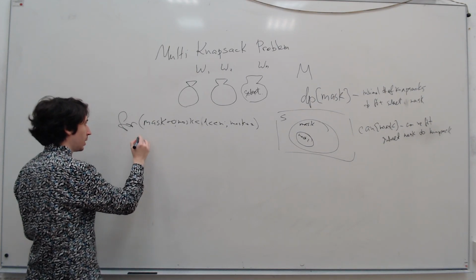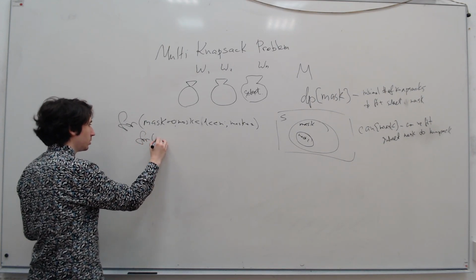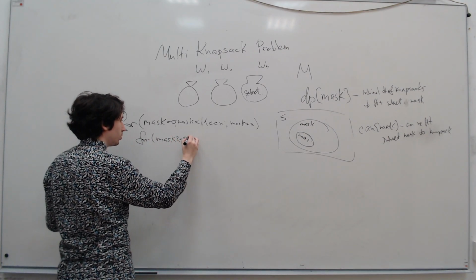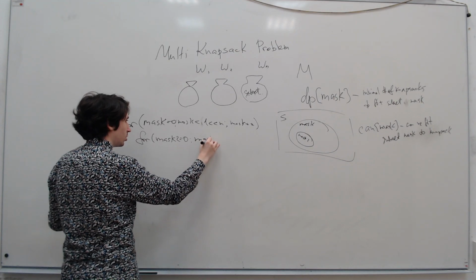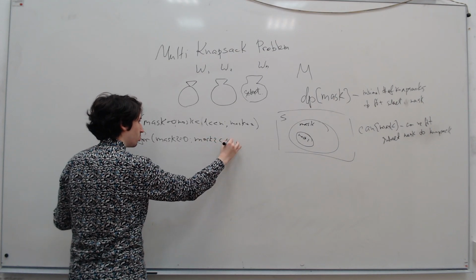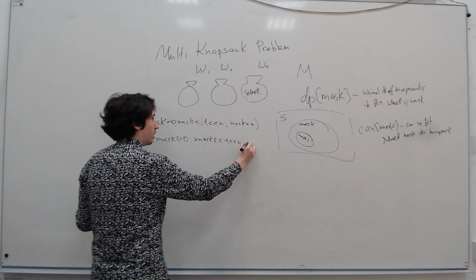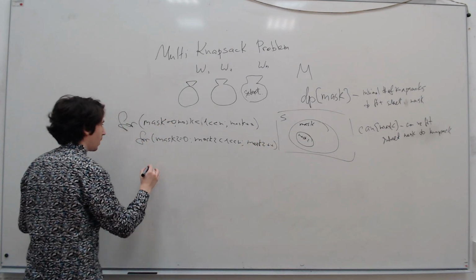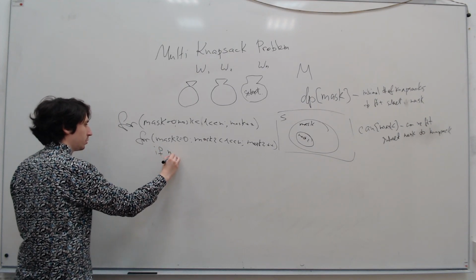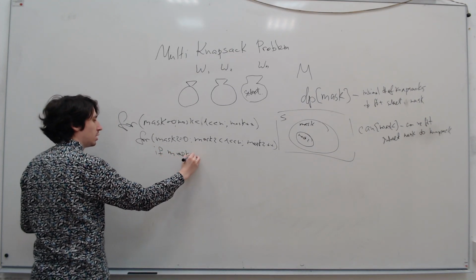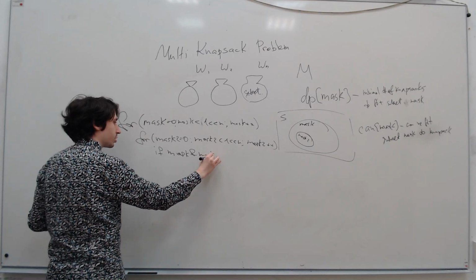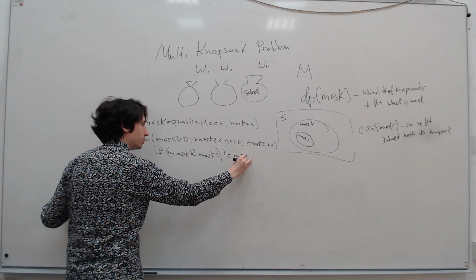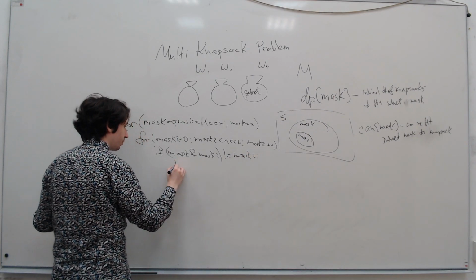For mask 2 equals 0, mask 2 less than 1 shifted by n, mask 2 plus plus: if mask and mask 2 not equals mask 2, then nothing.